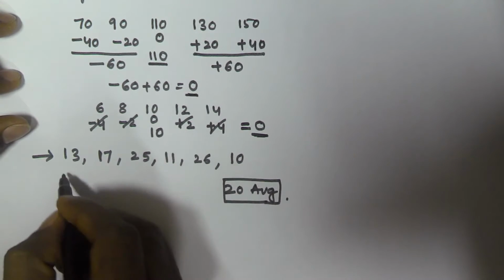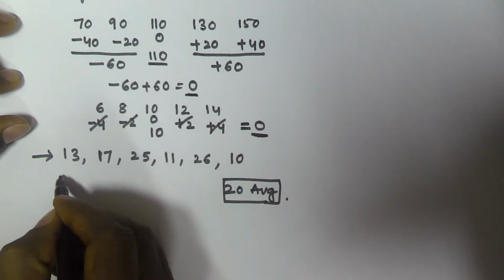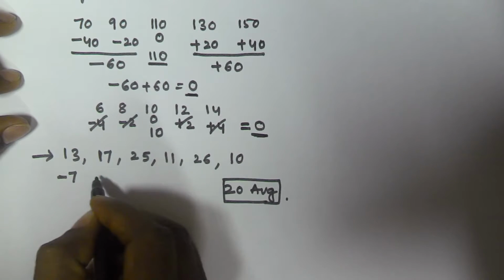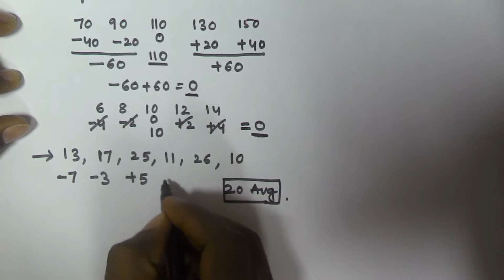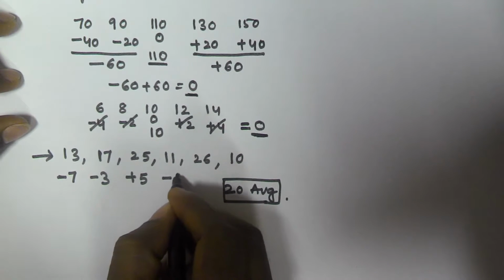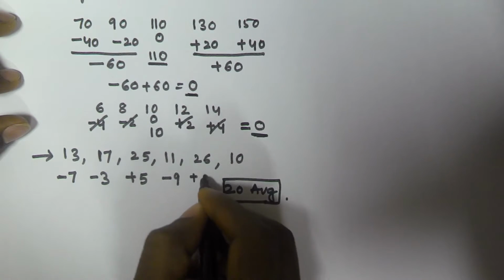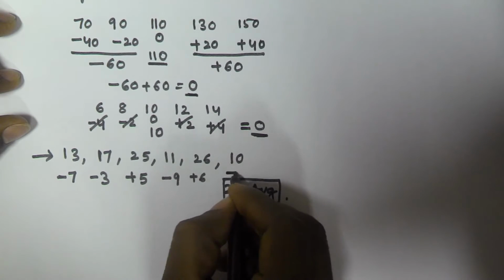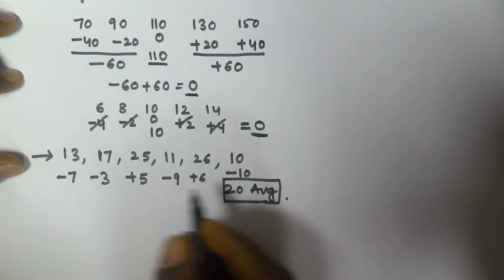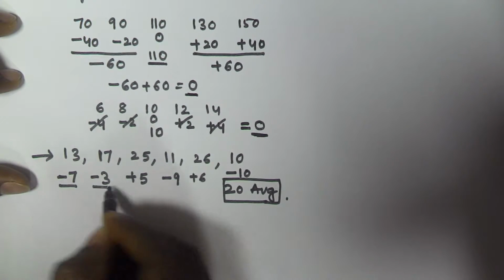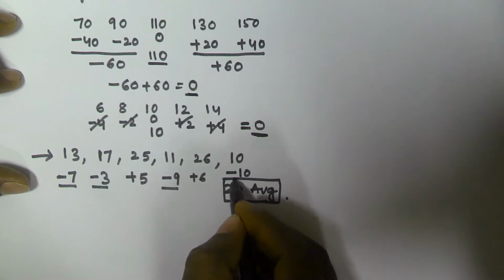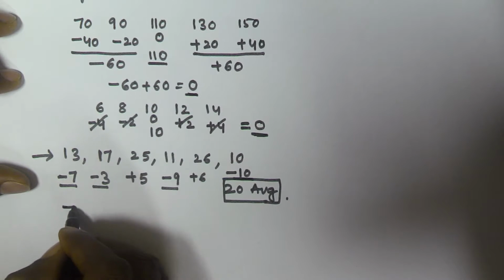So 13 minus 20 makes minus 7 deviation, and then minus 3 deviation, plus 5 deviation, minus 9 deviation, plus 6 deviation, and minus 10 deviation. The sum of negative deviations is minus 7, minus 10, minus 19 and minus 29 deviation.